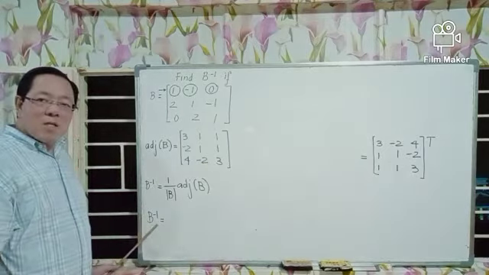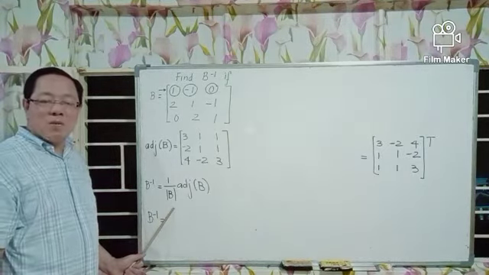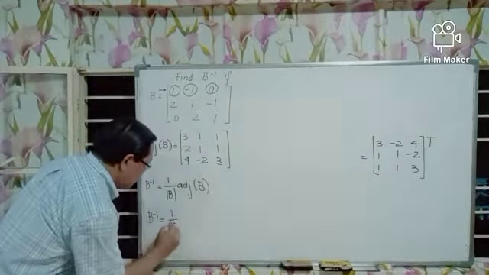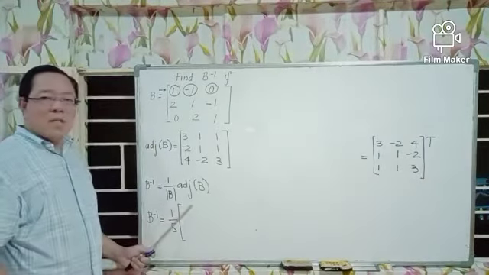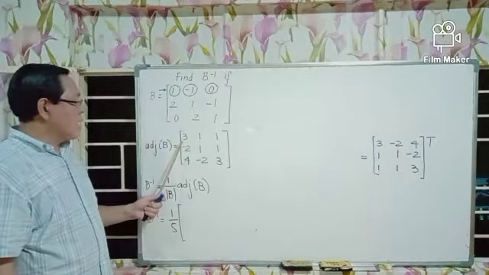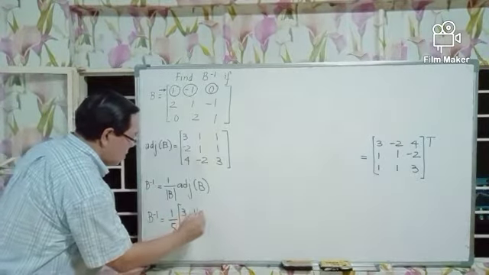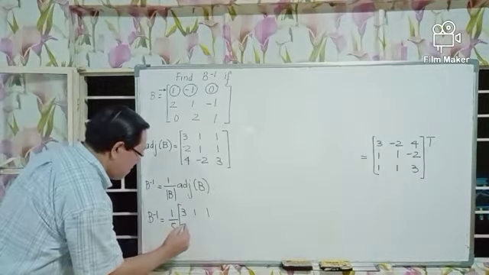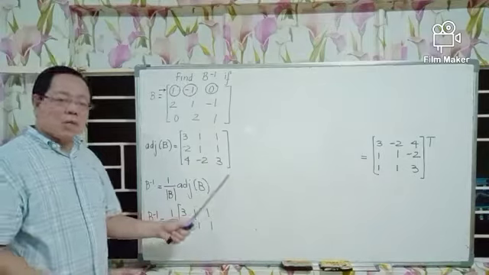Hence, B to the minus 1 is equal to 1 over the determinant of B, which is 5, multiplied by the adjoint of matrix B with entries 3, 1, 1; negative 2, 1, 1; 4, negative 2, 3.